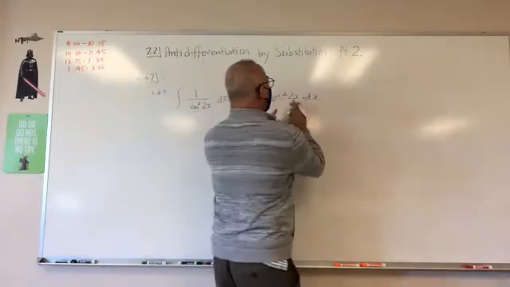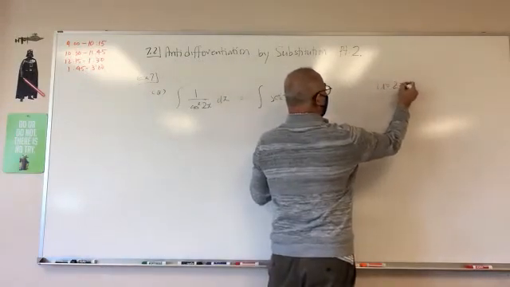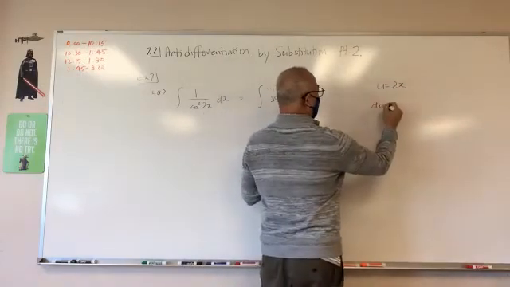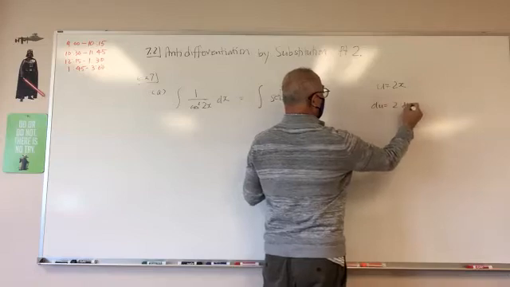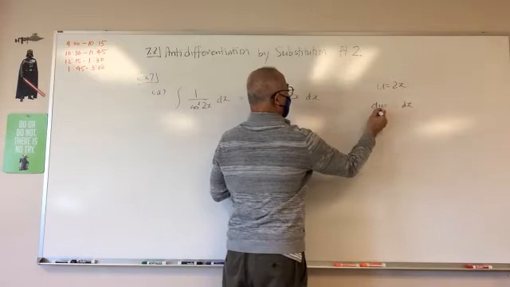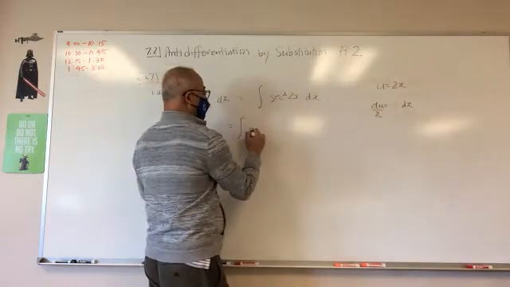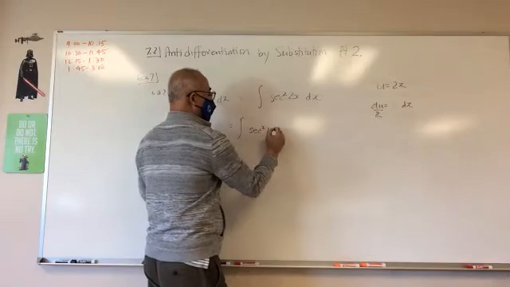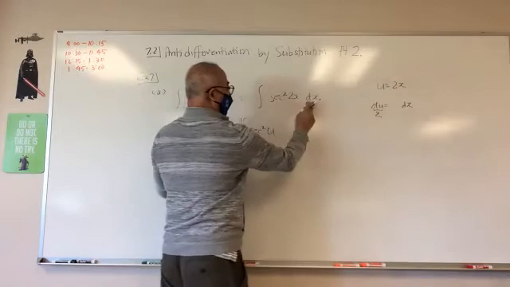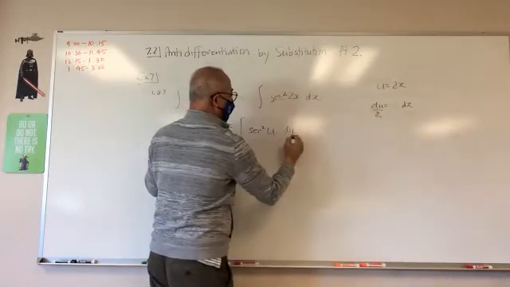Except I got the 2x here, so let's get rid of that. I'm going to set u equal to 2x, du is equal to 2 dx, which means that dx is du over 2. So I'm going to get secant squared u, because u is this, and then I put du over 2.